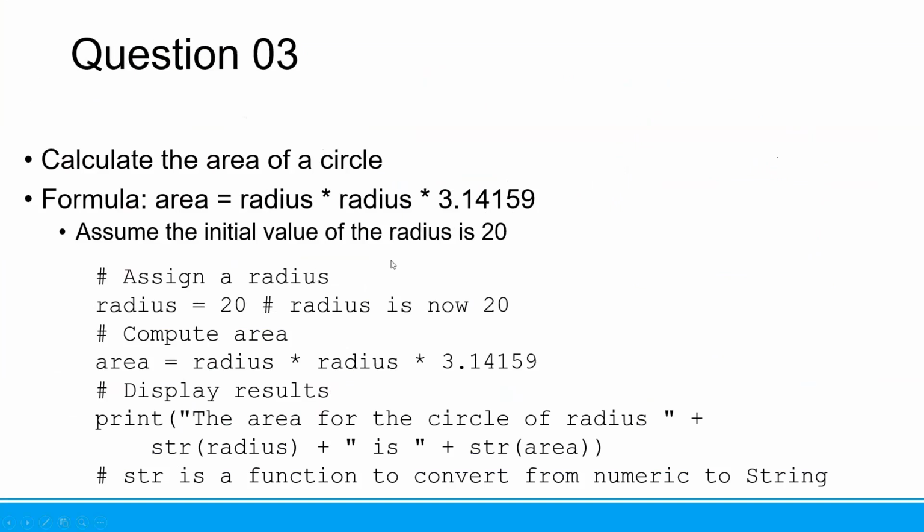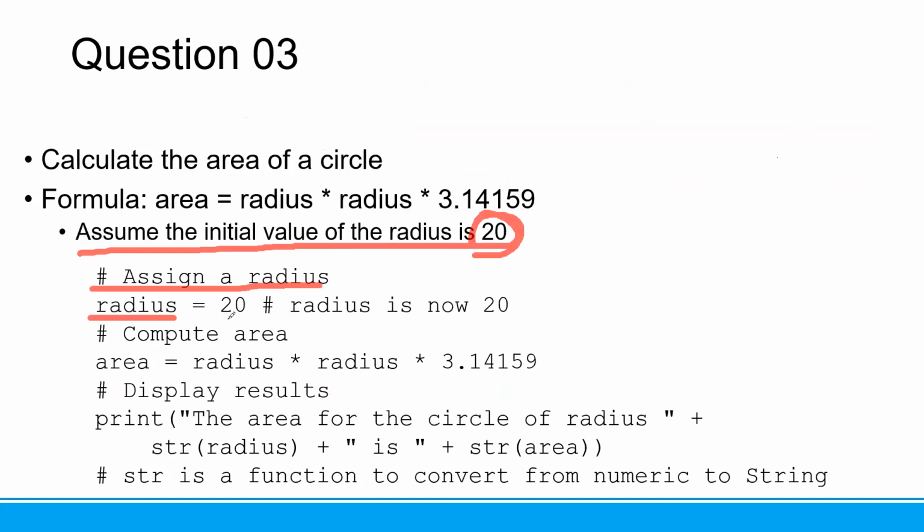So I give you this code here. Assume the initial value of the radius is 20. First, I would like to assign a radius. It means I will make a variable radius, and I know that the initial value is 20.